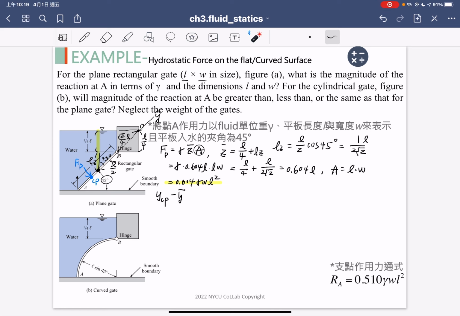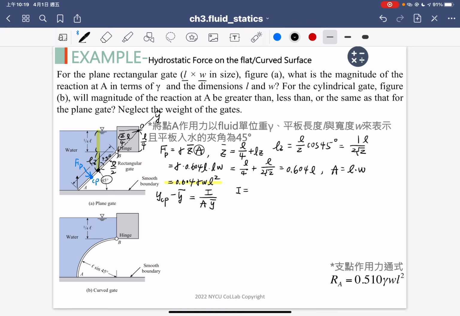So YCP minus Y bar is equal to I, the second moment, divided by the total area and divided by the Y bar. Right now we need to compute the I. What is the I?